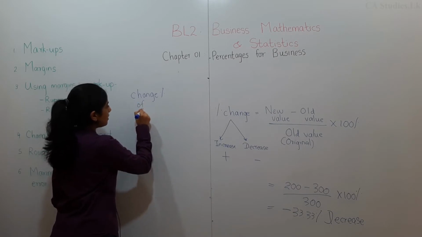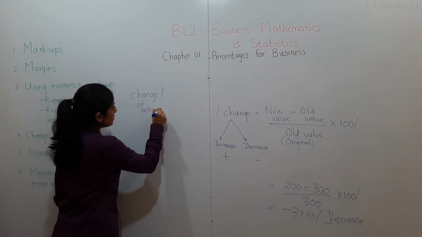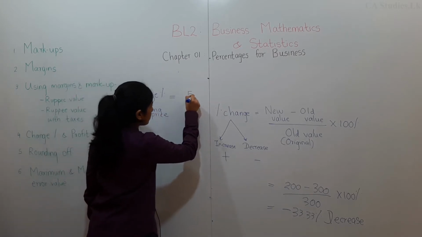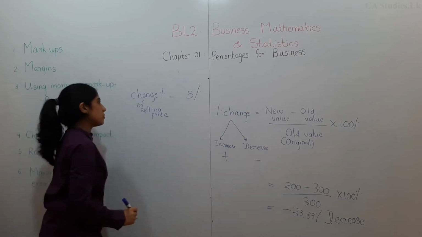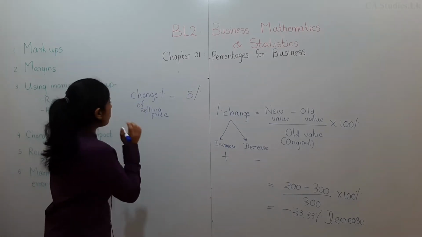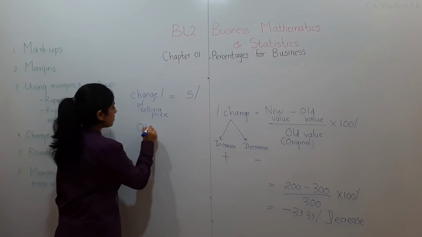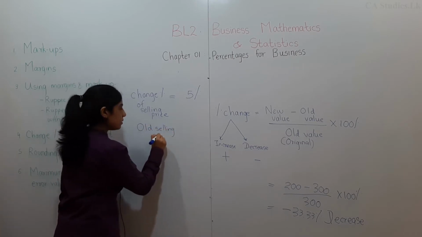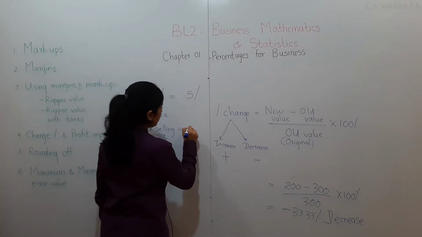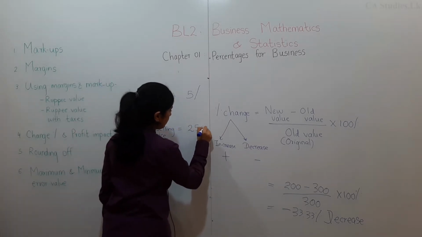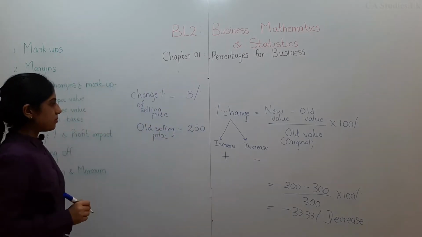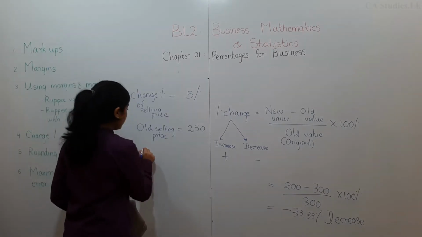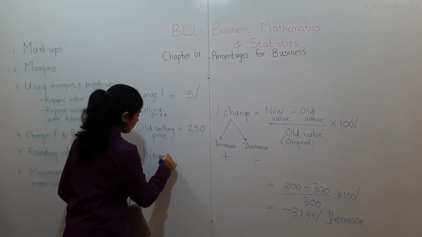The change of the selling price is plus 5%, and the old selling price was 250 rupees per unit. Now let's see how to calculate the new selling price.